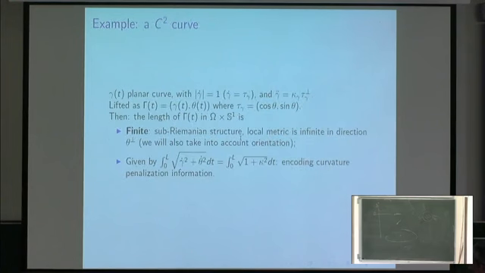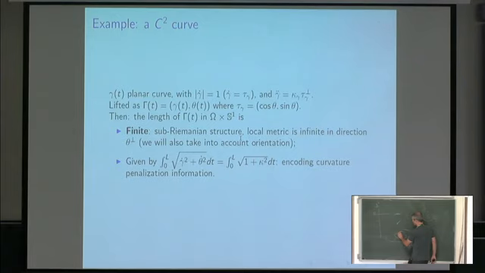Okay. So to describe our approach, the simplest way is to start with a simple planar curve and to try to understand how you can represent its energy when you lift it in this space. So you have a planar curve, and it has an energy which is the integral of f of kappa. First, you lift it in this space, but you lift it in a particular way so that it has finite length in that space.